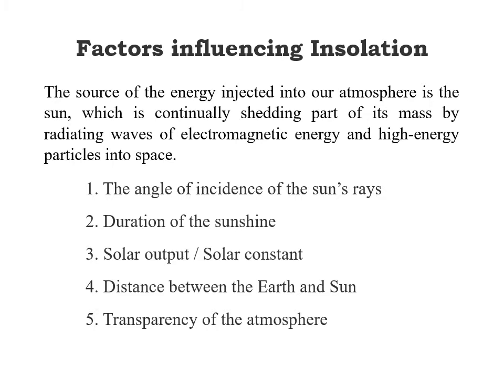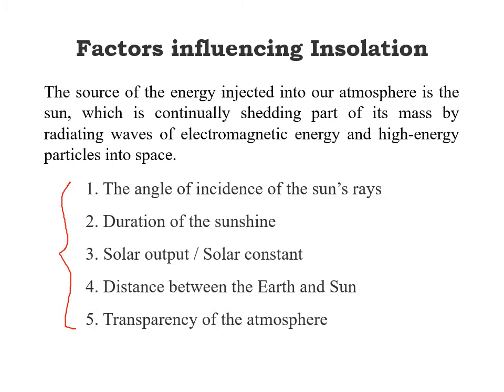Now, the source of energy injected into our atmosphere is the sun, that is the external source. This energy can vary because of these five factors. That means these factors can influence the amount of incoming solar radiation on Earth.